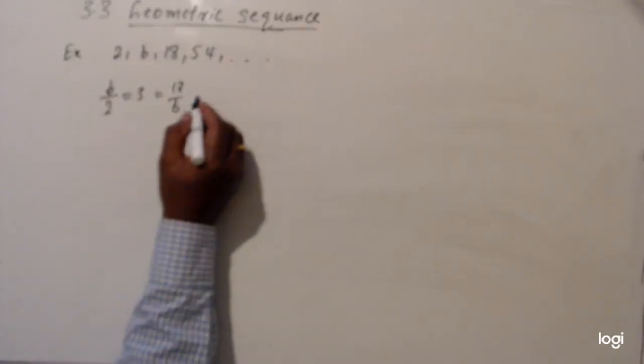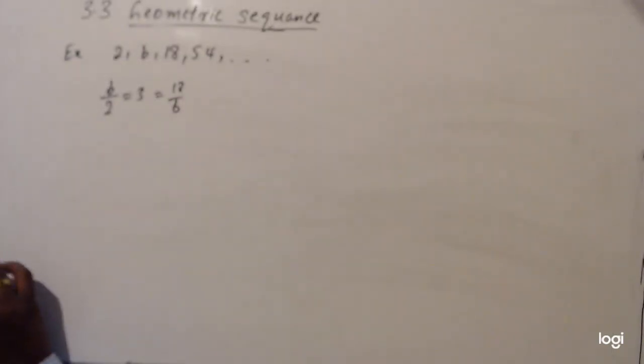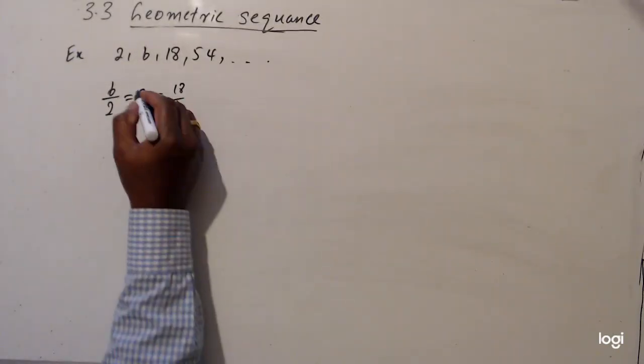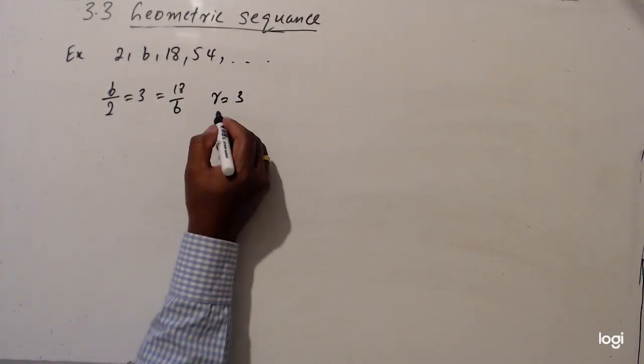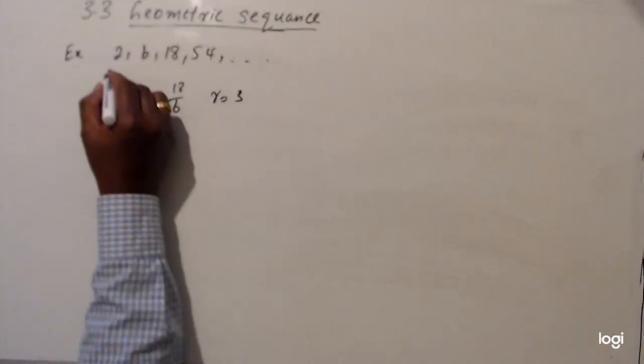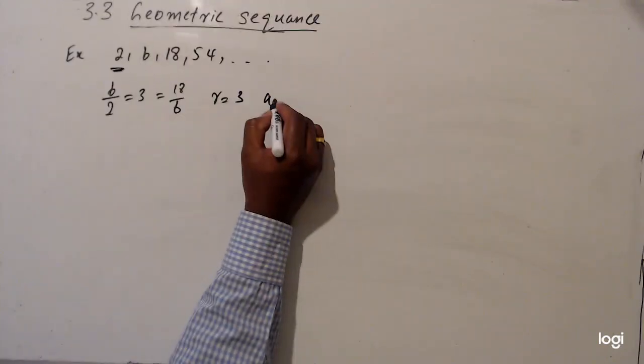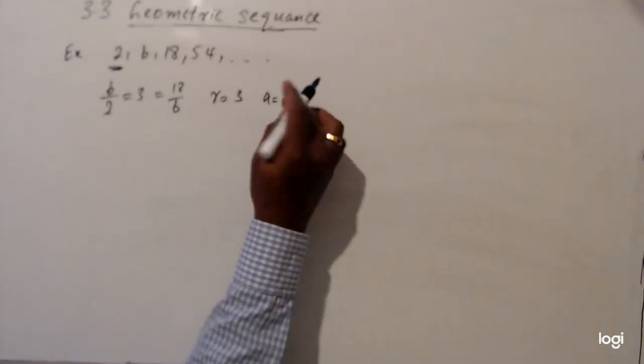Hence this is a geometric sequence. So R is 3, and A equals 2.